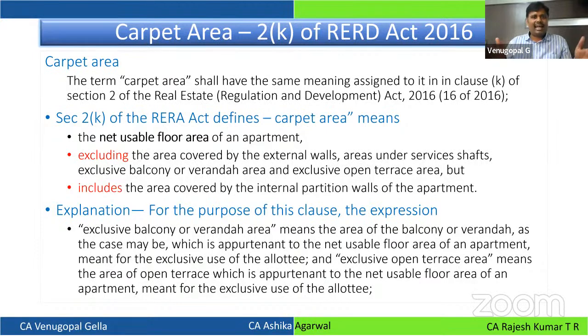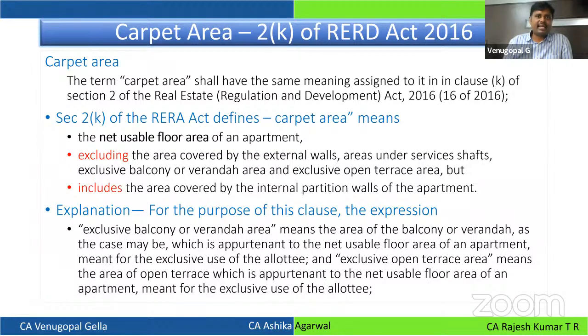So the carpet area has to be construed in an enclosed construction. The net usable floor area of an apartment excludes the area covered by external walls, service shafts, an exclusive balcony or veranda area, or an exclusive open terrace area. But it includes the area covered by the internal partition walls of the apartment.